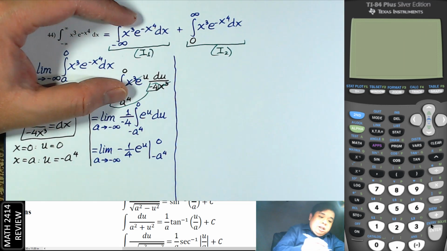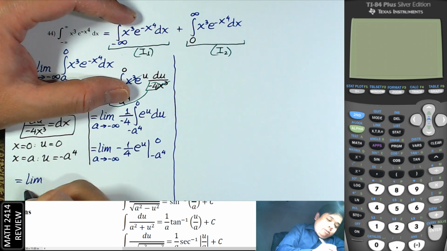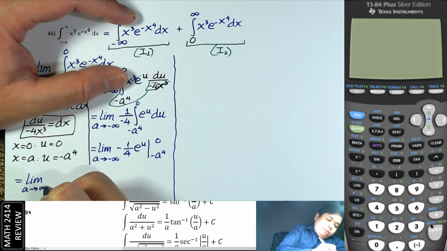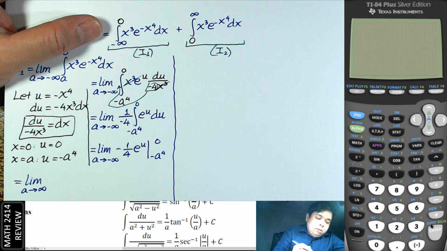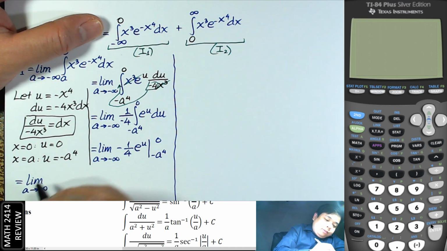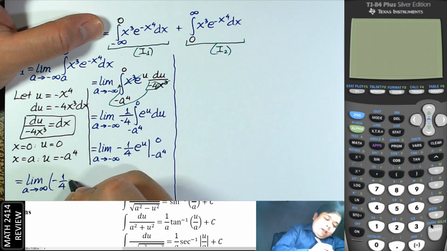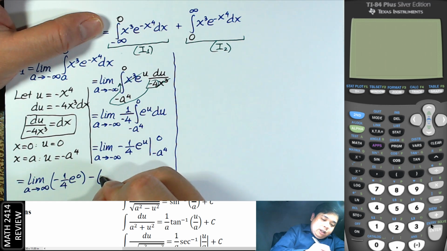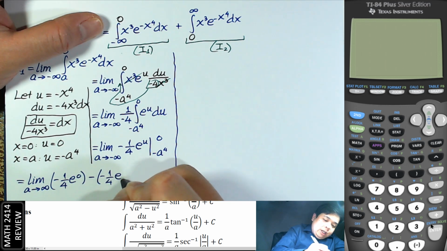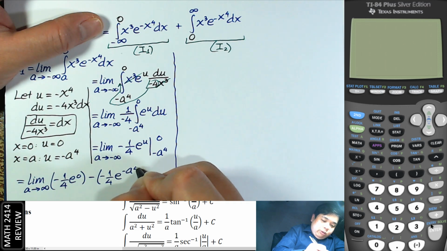Now substitute in the limits. Negative 1 over 4 e to the 0, subtract negative 1 over 4 e to the negative a to the 4th, substituted in for u.